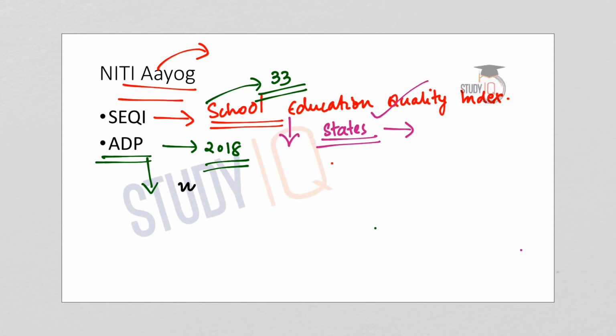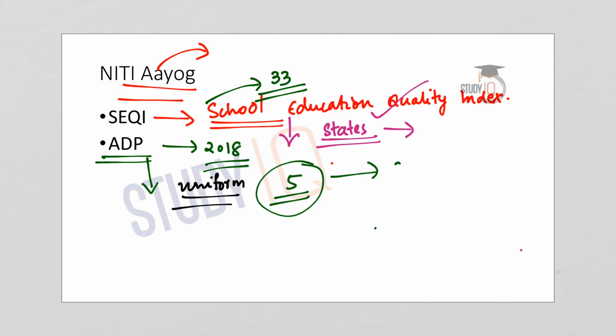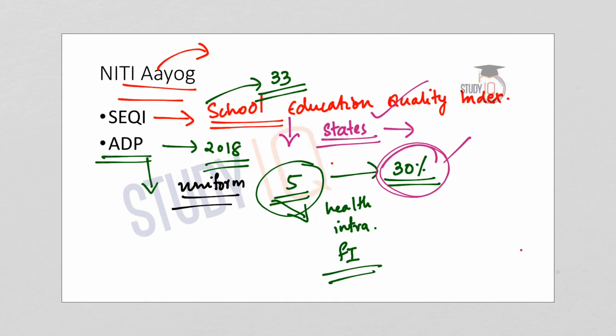So here it is not uniform competition, but only the underserved or the backward districts of the country compete with each other in 5 crucial sectors, which includes education also, and education has a weightage of 30%. Other parameters include health, infrastructure, financial inclusion, etc. So there are in total 5 parameters, and one important parameter is education with a weightage of 30%.